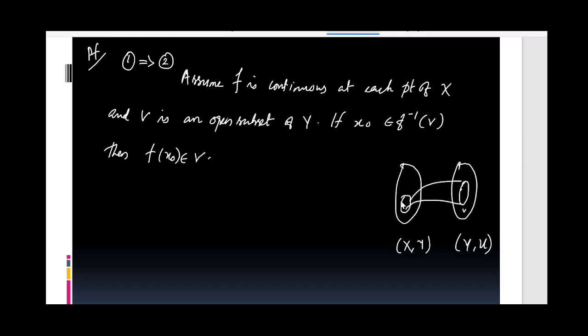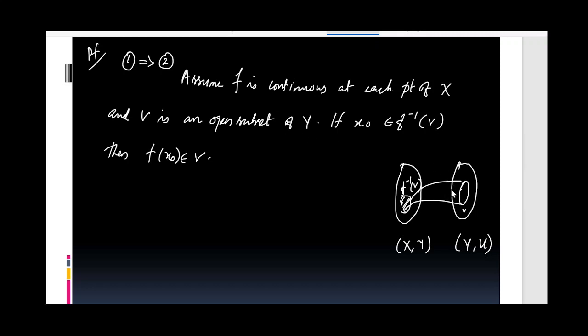This is your f inverse of V. We want to prove that this f inverse of V is open. So we assume that f is continuous at each point of X and V is an open subset of Y.